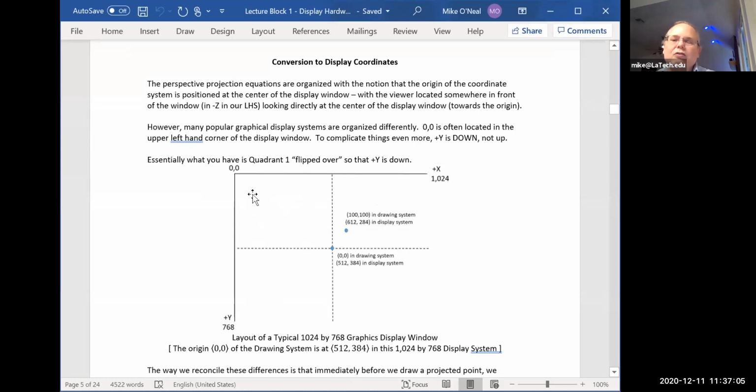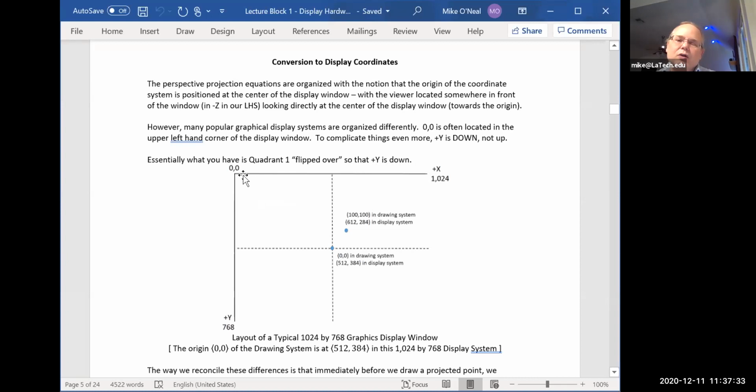So within a window, if you're rendering graphics within a window, typically the graphical coordinate system has 0, 0 in the upper left-hand corner, not in the middle where 0, 0 is located normally in a coordinate system. And so you go from 0, 0 to whatever your greatest value is, 1024 in this particular case.